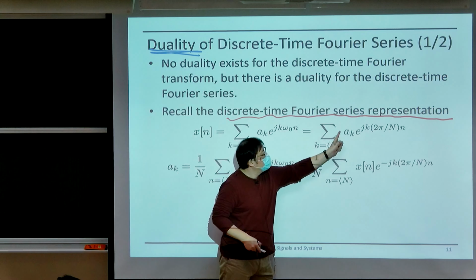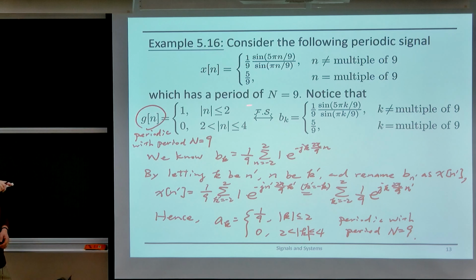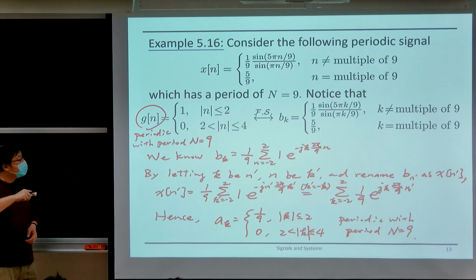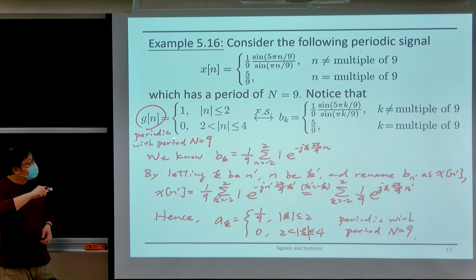So again, how do we show this? We start out by knowing that this Fourier series relationship holds. The fact that this relationship holds tells us that bk can be written as this summation. This bk here is exactly equal to xn if you just change k to n, or in fact n prime.